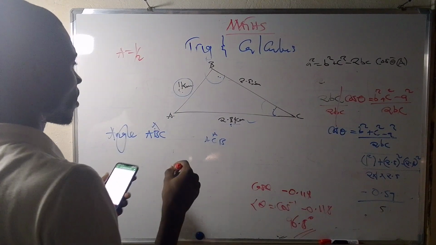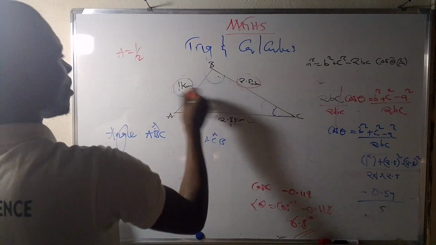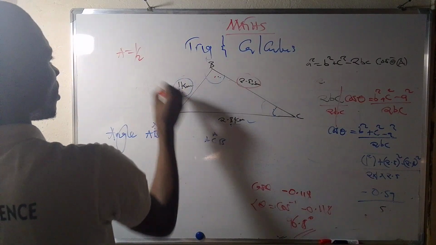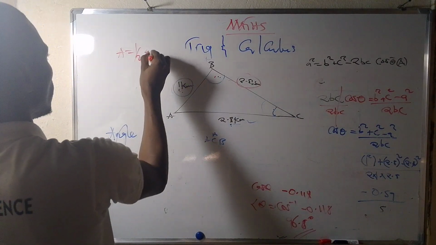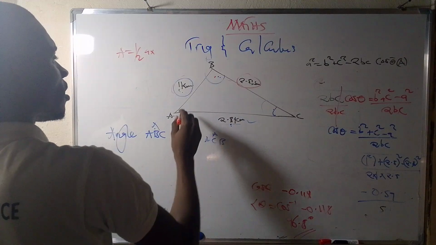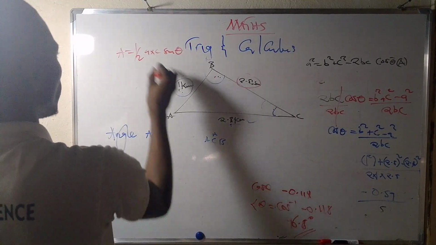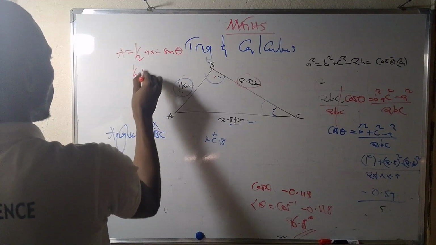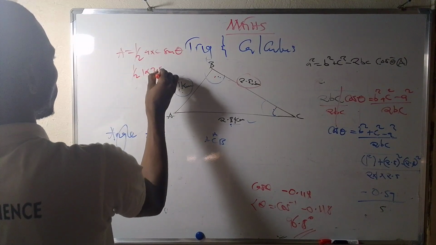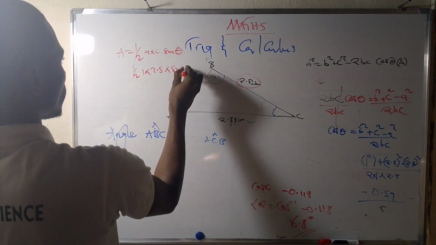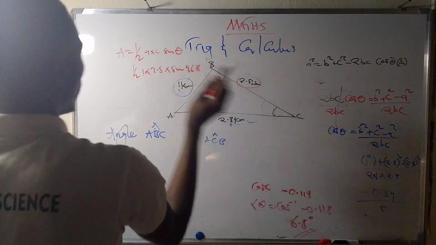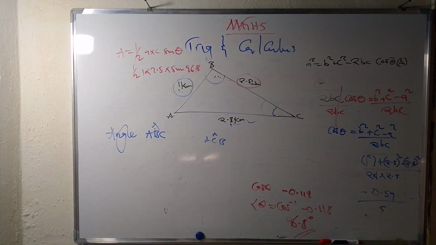So we have this angle. So we can say now half A times C, sine theta, where I will say half by 1 by 2.5 by sine 96.8. Whatever you get will be your area.